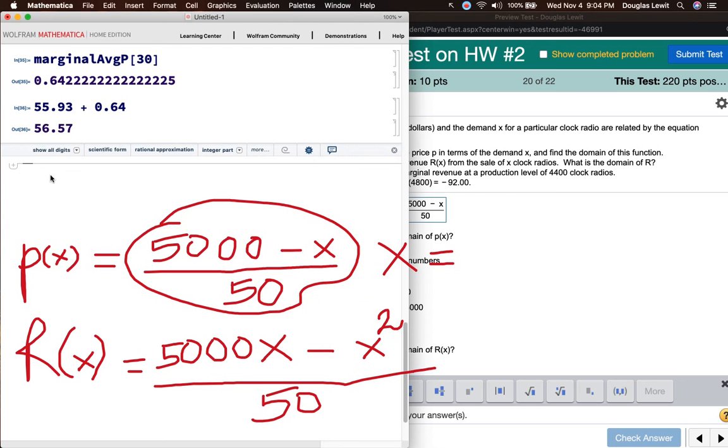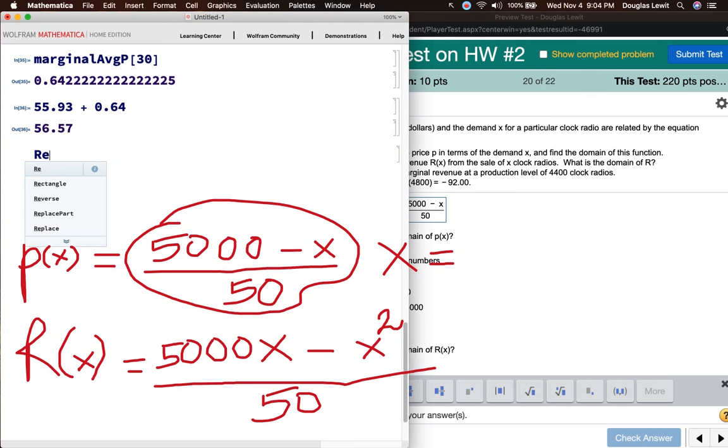Let me enter that into Mathematica. Revenue of X is equal to, hey, I'm just talking to my dog over here, guys, 5,000X minus X squared, divided by 50.